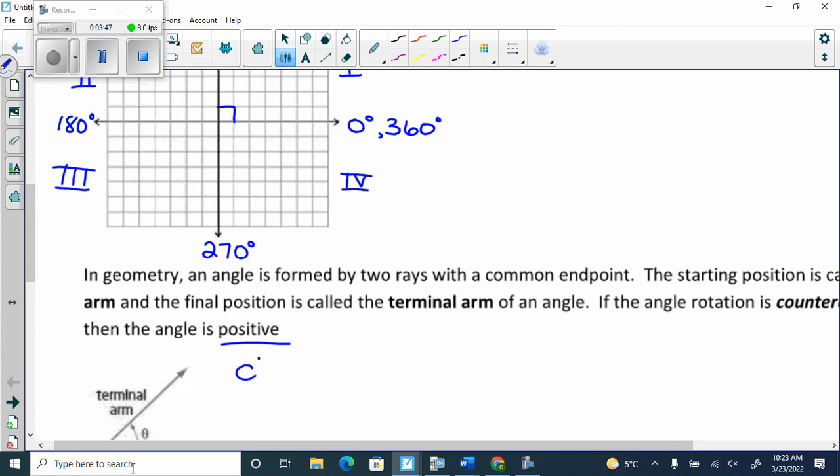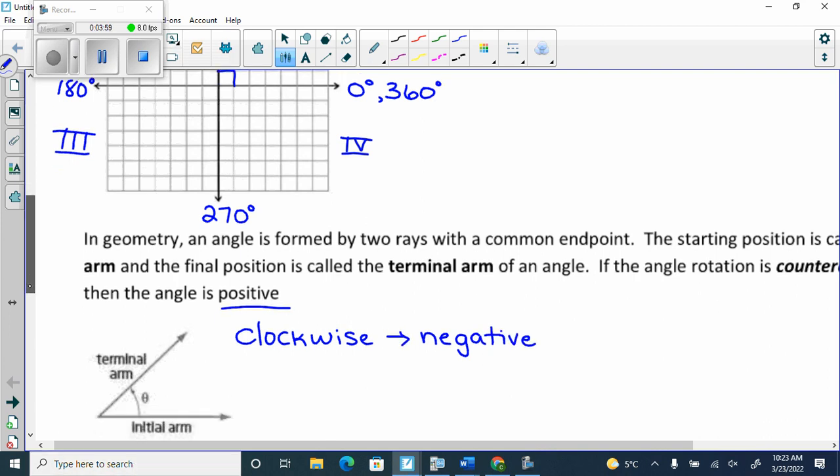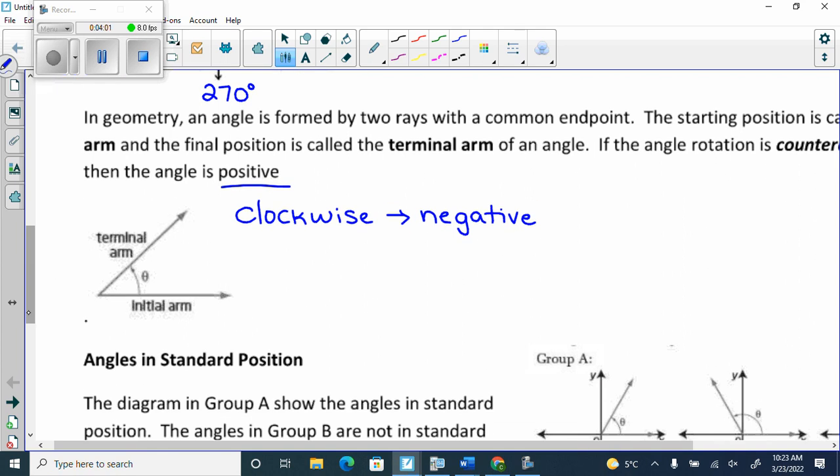And then clockwise, it is negative. So this is our initial arm. Our initial arm will always start at 0 degrees, just so you know. And then our terminal arm will end wherever the angle is.